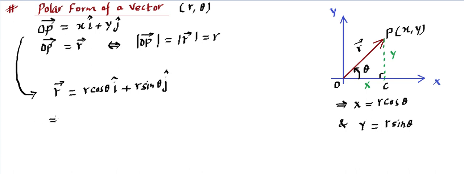From here we can rewrite this: this R vector is representing a position vector. Now you can take this R as common, which is the magnitude, and in the bracket we get cos theta i cap plus sin theta j cap.